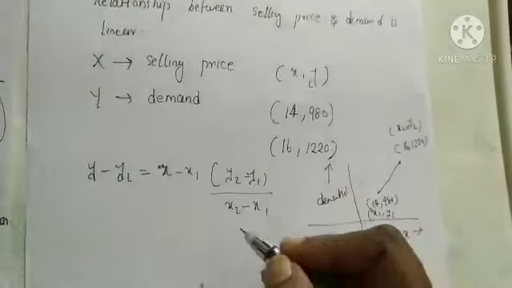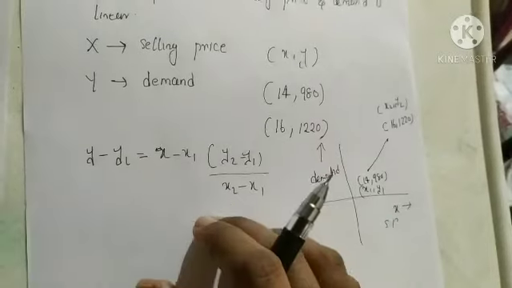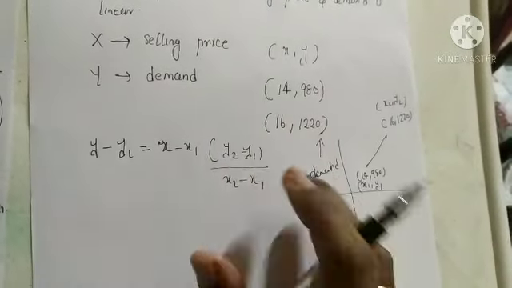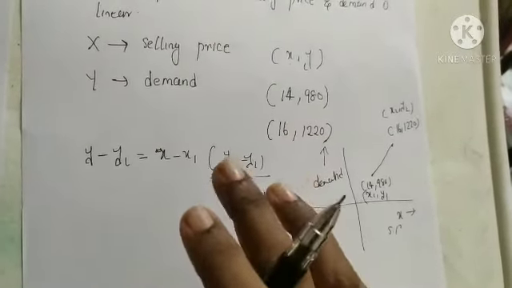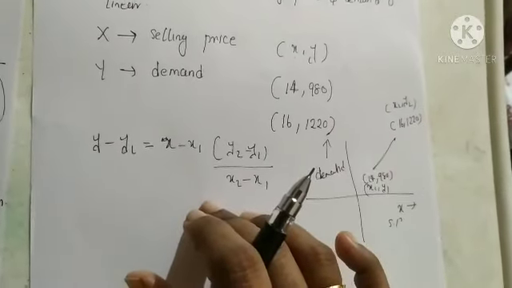So substituting in this equation, we get the linear relationship, the equation of line in terms of selling price and demand.